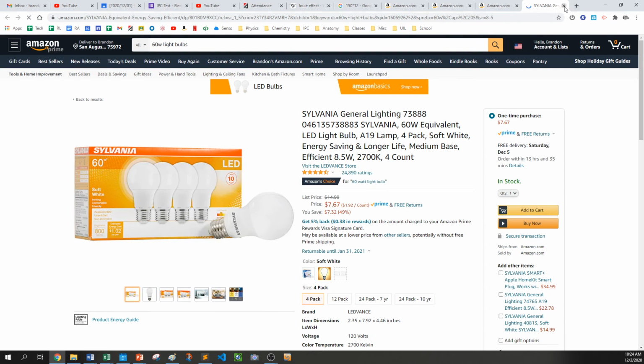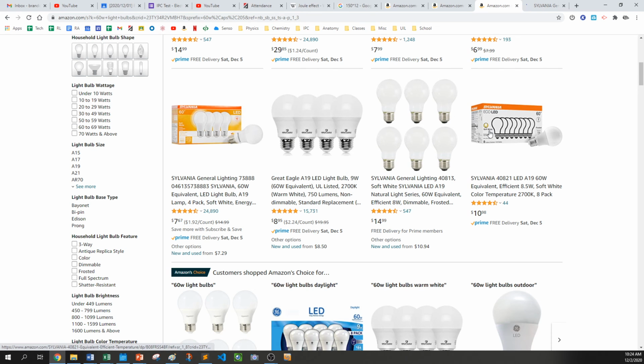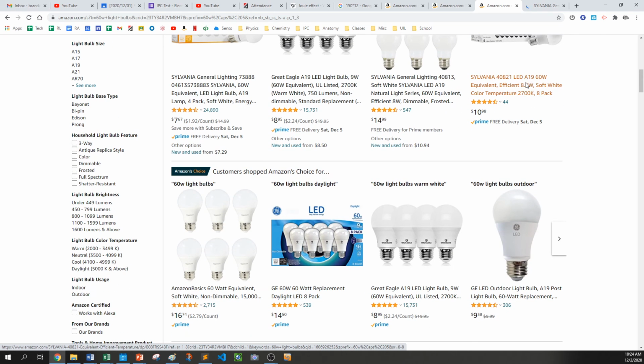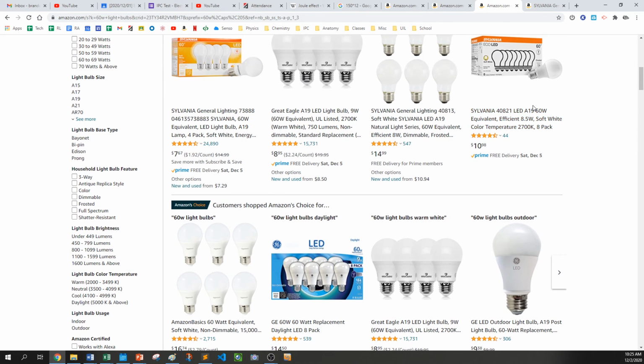Oh, these are LEDs. I'm looking for incandescent ones. LEDs are very efficient. So this 60 watt equivalent light bulb is LED and only uses 8.5 watts. So again, this 60 watt equivalent means this is the brightness. So the old-timey 60 watt lights that actually use 60 watts produce some brightness of light. You can, with LEDs, achieve the same brightness using only 8.5 watts.